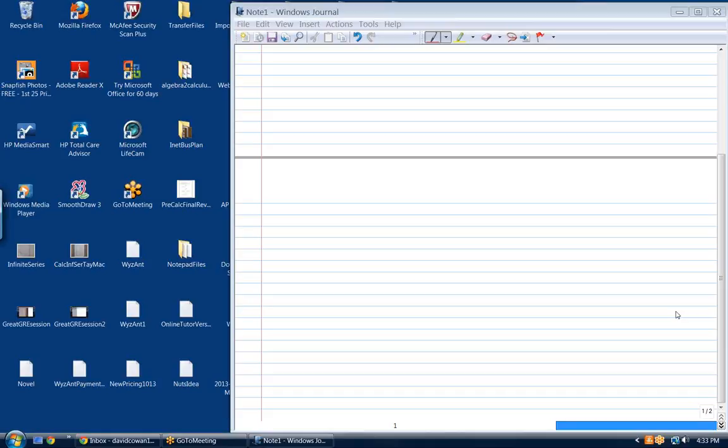Let me get my planner real quick. Yeah, go to that website on your computer and then copy and paste the link into GoToMeeting, and I'll pull it up. One moment.